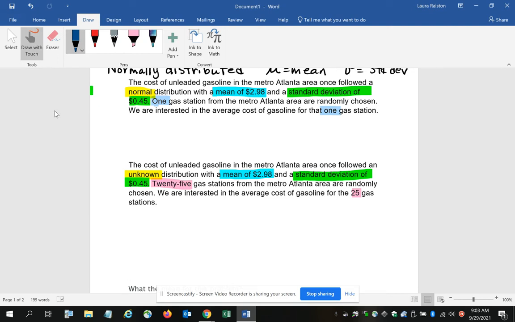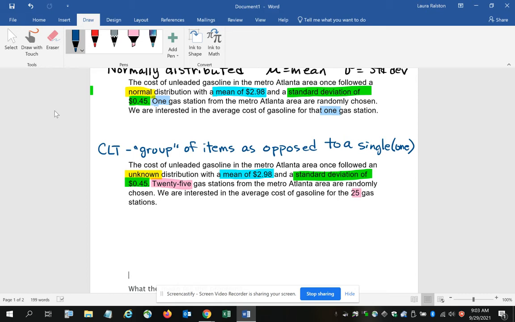Typically, when we want to apply the central limit theorem, you're going to be selecting a group of items as opposed to a single item, as is indicated in the question above. So that's one clue that I'm going to use the central limit theorem.